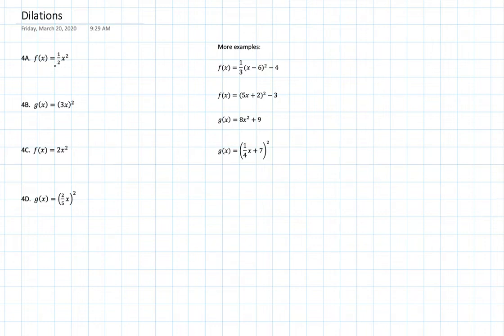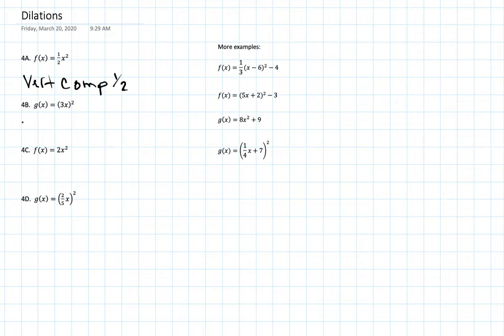So no parentheses involved. And on these ones, if it is more than 1, it's going to be a stretch, and if it's a fraction or between 0 and 1, it's going to be a compression. So for A here, this is going to be a vertical compression, and you can write by half, but I think at this level we're just saying vertical compression, so you don't have to write that.